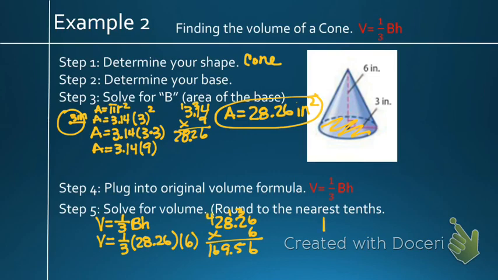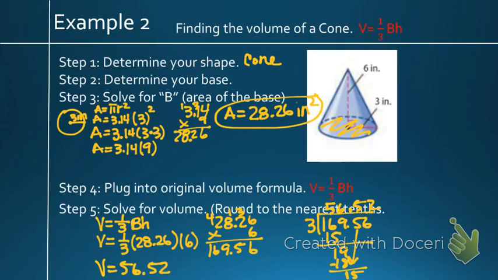I get 169.56. I still have to multiply it by the third, which is the same as dividing by 3. 9, 6. 5, 15, 6, 2. Okay, 56.52 inches cubed.